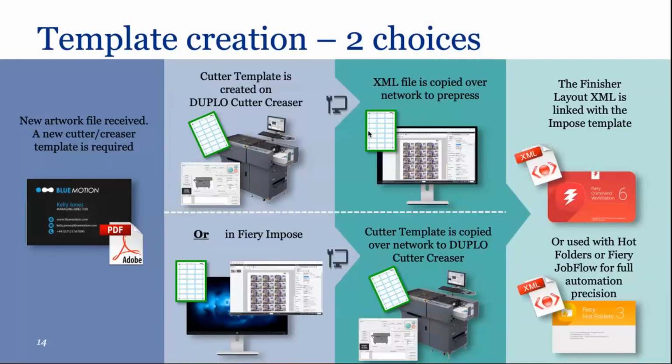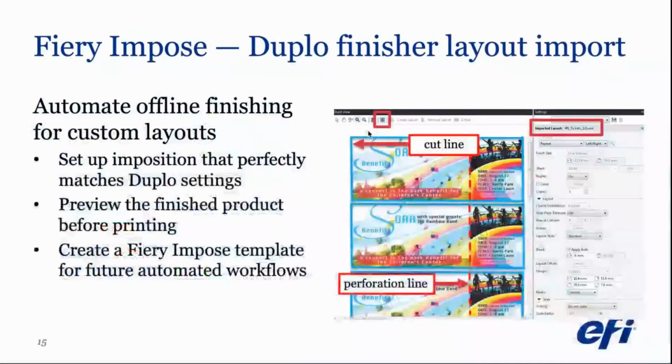First you will create a custom layout in DUPLO's controller software, and then export that layout setting as an XML file. Then you can import that XML file right into Fiery Impose. Through this integration, it can quickly set up settings in Impose to match the DUPLO finisher job settings.